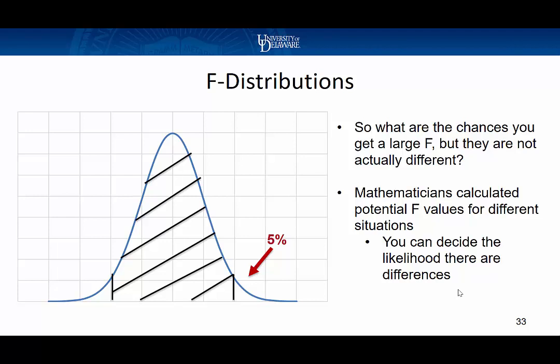So to have a value close to 1 where they're not different is going to be down in this range, but what's the chance that you have a very large F? Because remember, the larger that value is, the more likely you have differences, and it shouldn't fall in the same distribution. So you see these numbers like 5% or 1% or 0.001%, and all they're saying is that F value is so large that it's out here, and it's unlikely to occur.